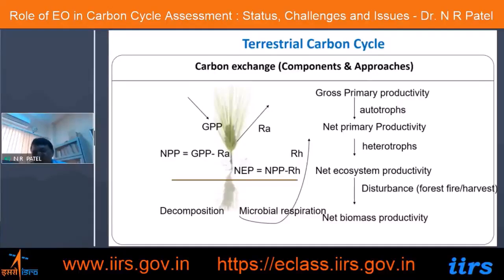In a short time, it is released to the atmosphere through respiration, either by animals or by human beings. So it is not stored in the vegetation. It has a very short half-life. That is why it is considered as a harvest. This crop harvest is consumed and released to the atmosphere, so it is going as a release of carbon.